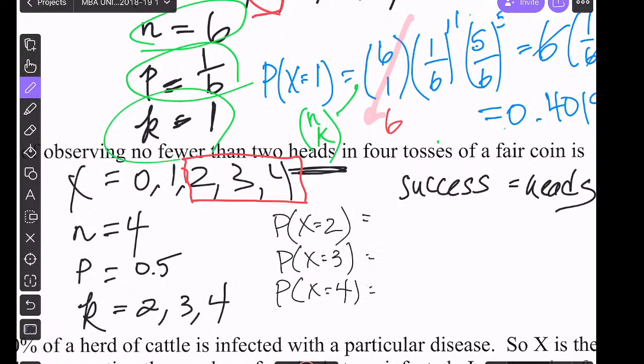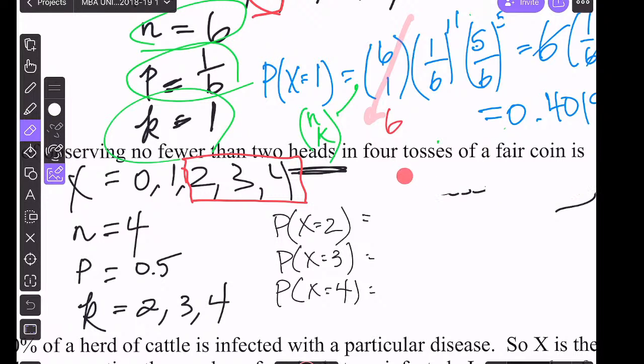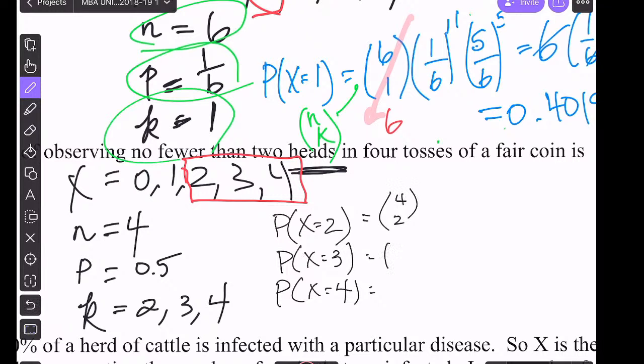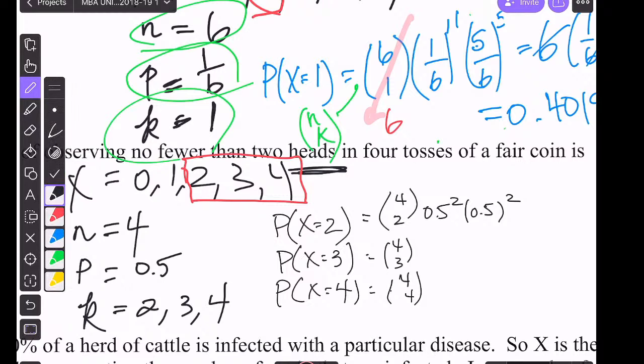And I'm going to do them in unison. So this is 2 successes out of 4. This is going to be 3 successes out of 4, and this is 4 successes out of 4. And here I'm going to have 2 successes, so it's going to be 0.5 to the 2, and then 0.5 squared, because these make 4 and these make 1 in here.